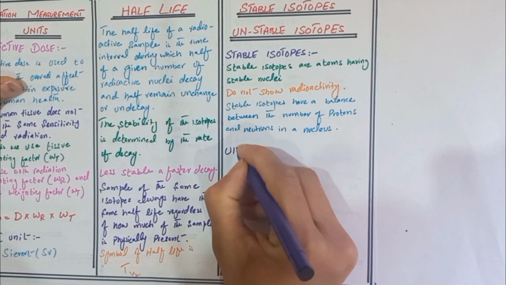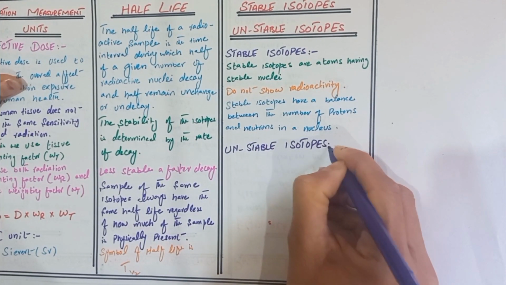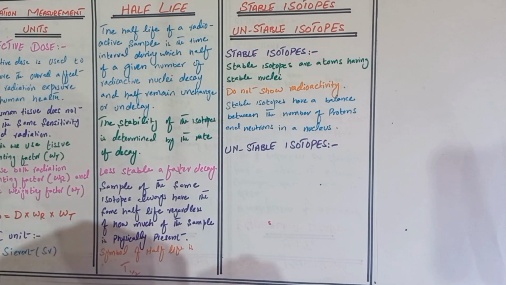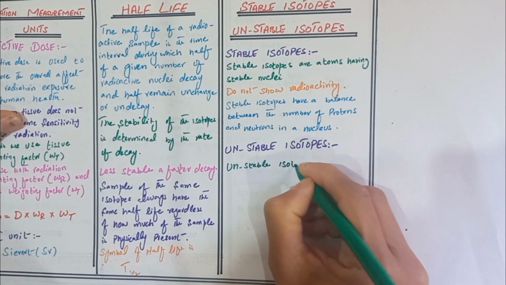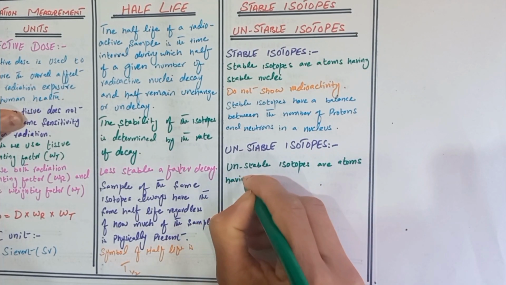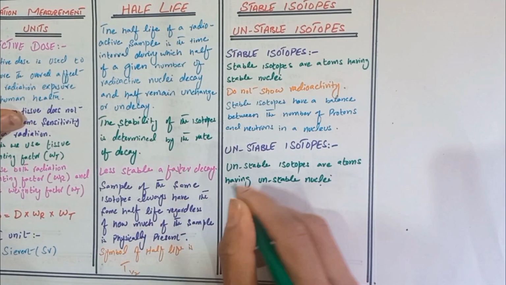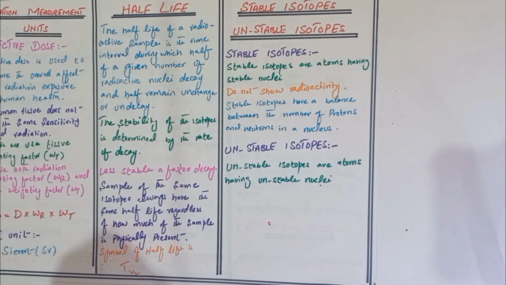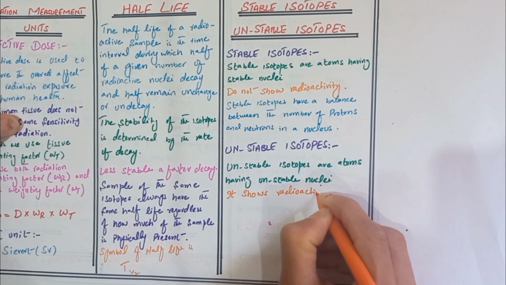Now we discuss the unstable isotopes. Unstable isotopes are atoms having unstable nuclei. It shows radioactivity.